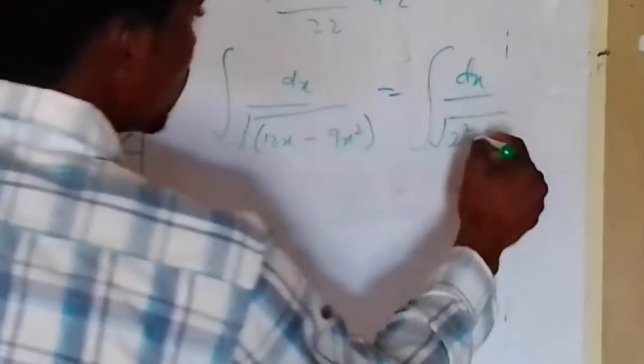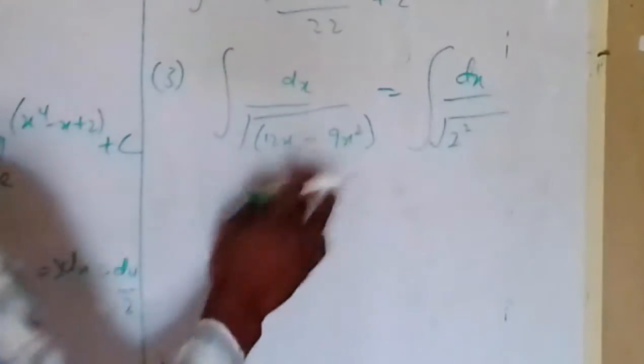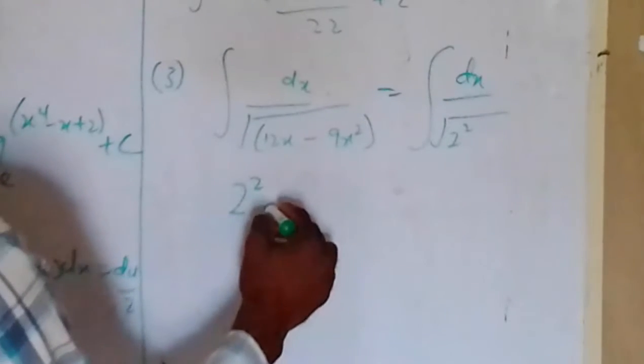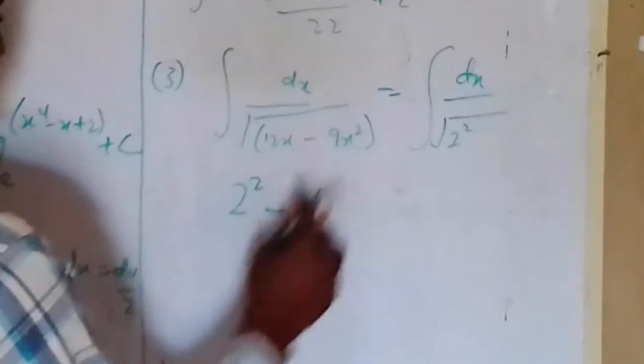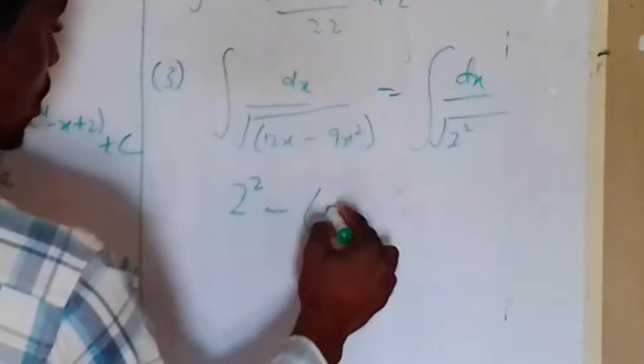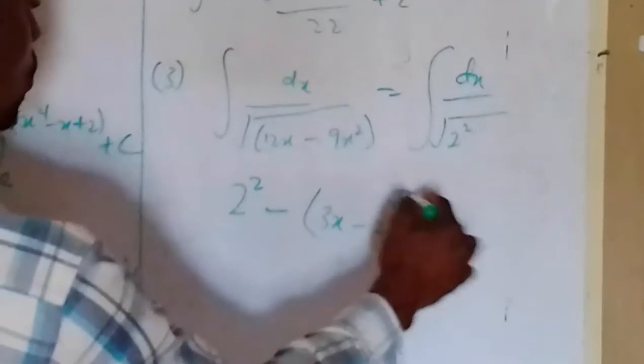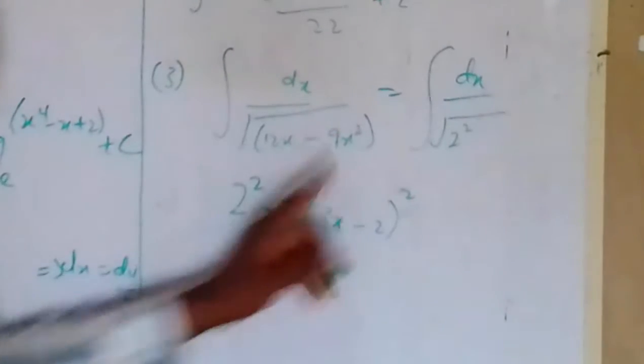It will be minus or plus something all squared to get all this back. After solving, I have 2 squared minus 3x minus 2 all squared. This should get this back.